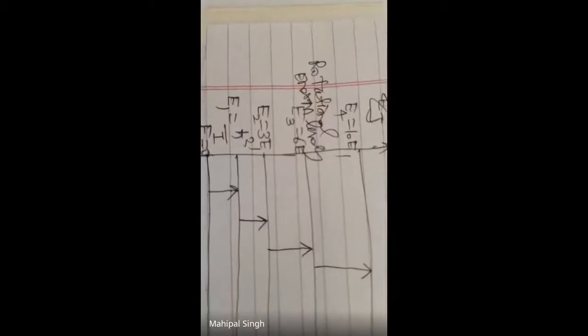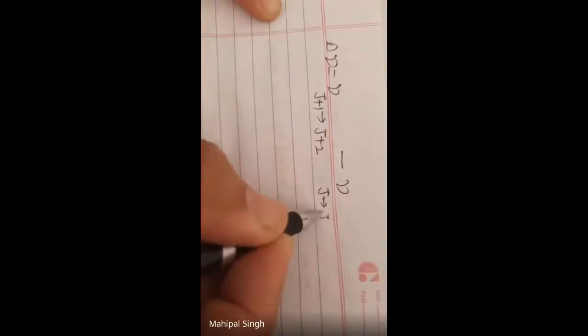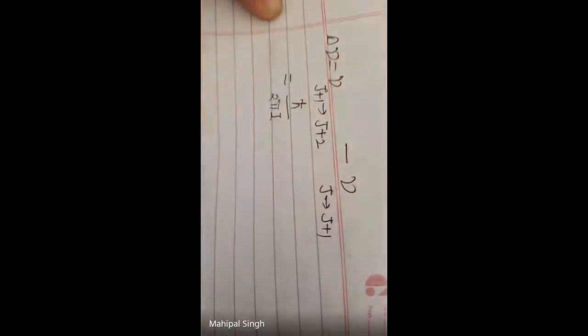Now let us move forward. The frequency difference between two successive lines in the pure rotational spectrum of a diatomic molecule is given by delta nu equal to nu from J plus 1 to J plus 2 minus nu from J to J plus 1, and it will be h cross upon 2 pi I. By using delta nu, the moment of inertia of the molecule can be calculated.